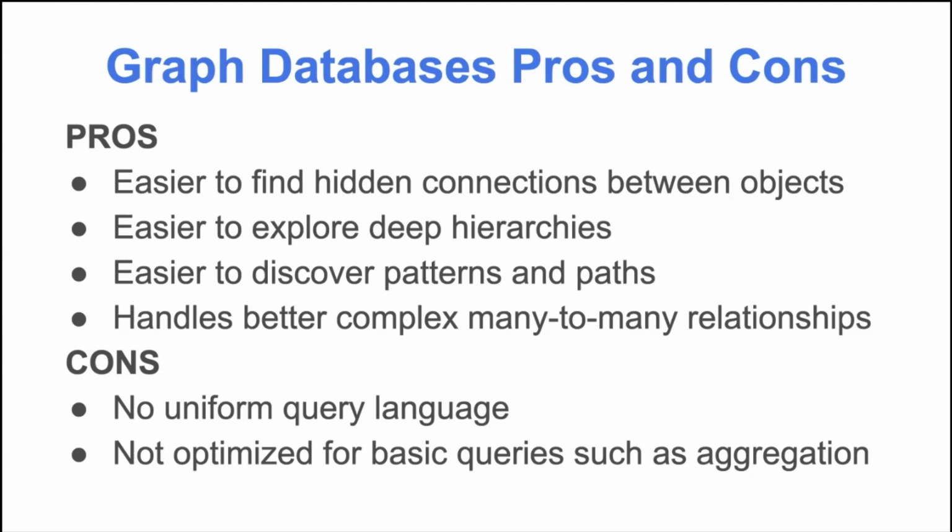The pros there are, first, it's easier to find hidden connections between objects. Since it's a graph, a network, we can see hierarchies. If there are hierarchies in the data, we can easily see them. It's easier to discover patterns and paths, and we can also better handle complex many-to-many relationships.